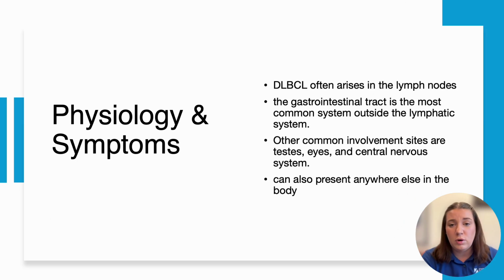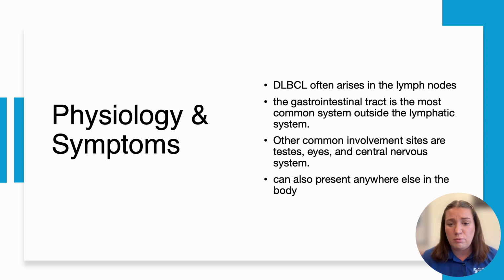As explained before, lymphoma often arises in our lymph nodes. However, it can also be seen in our gastrointestinal tract, which is the most common system outside of the lymphatic system. Some other common involvement sites are the testes, eyes, and central nervous system.